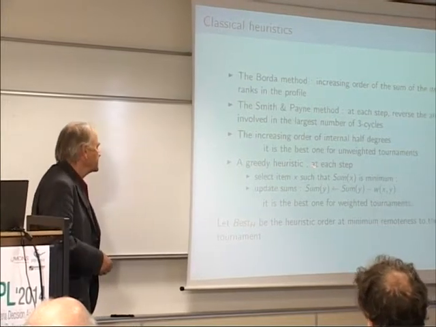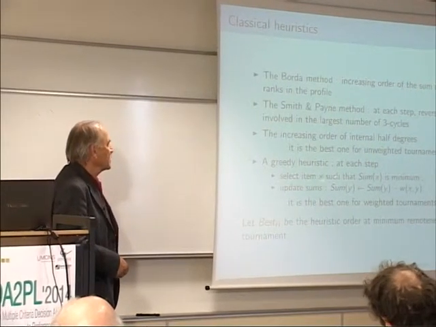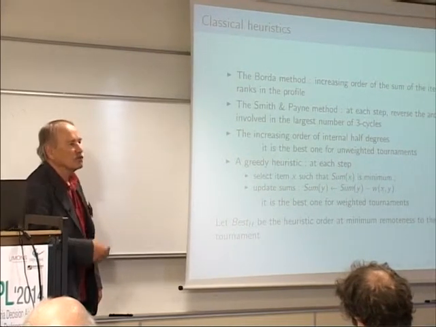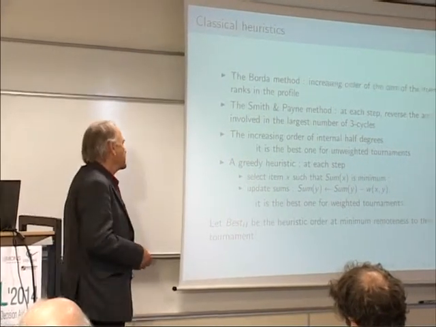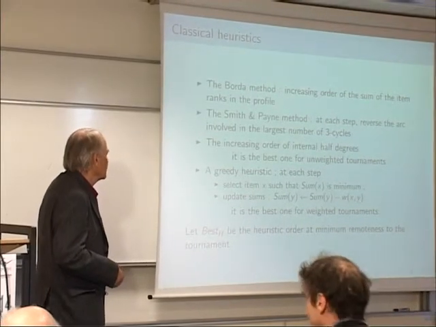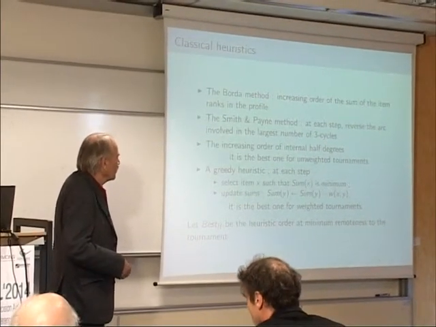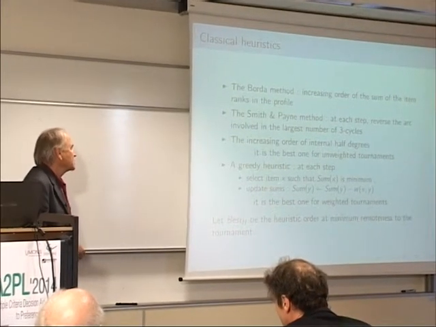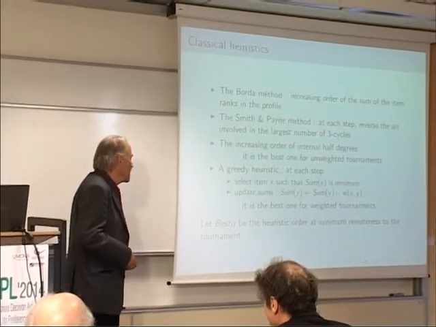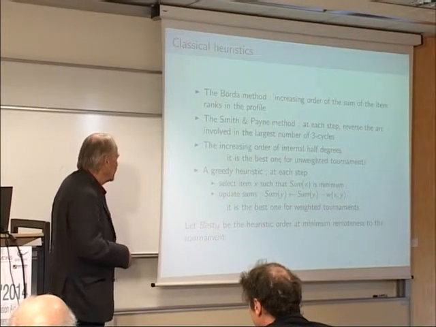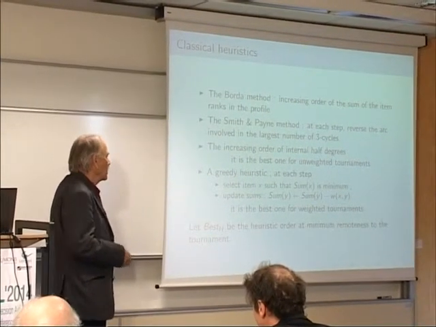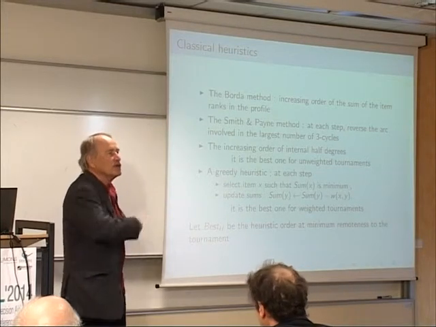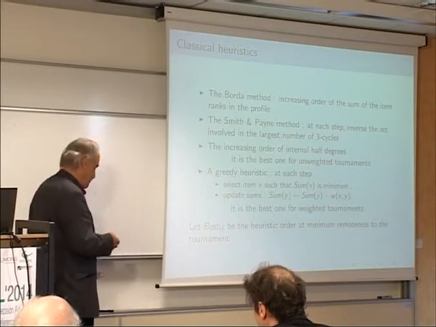And the greedy heuristic, at each step you select an element for which the sum of the dominating weights is minimum, and you update the sums, and it is again on average the best method for weighted tournaments. I will call best H the heuristic order at minimum remoteness of the tournament from these heuristics, or any you can add or test.